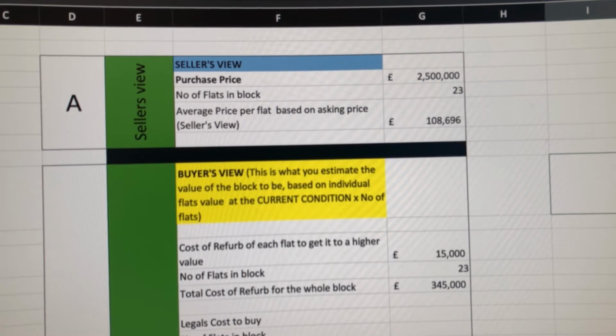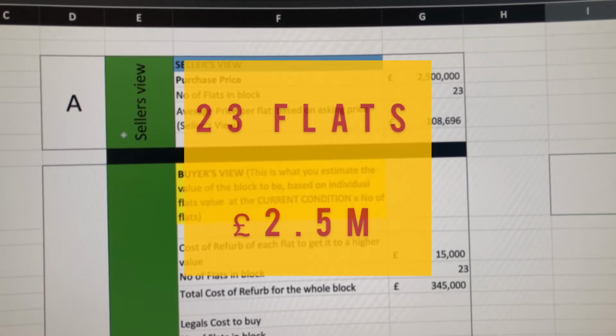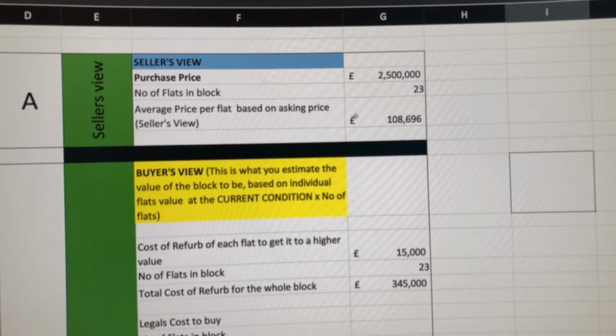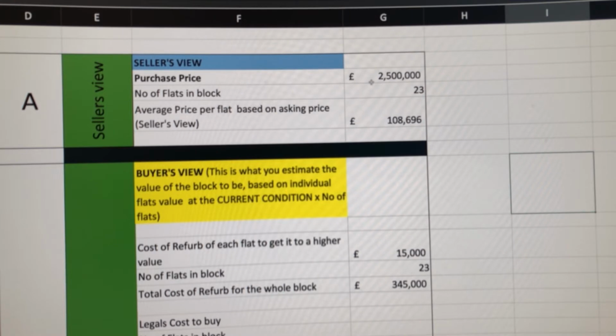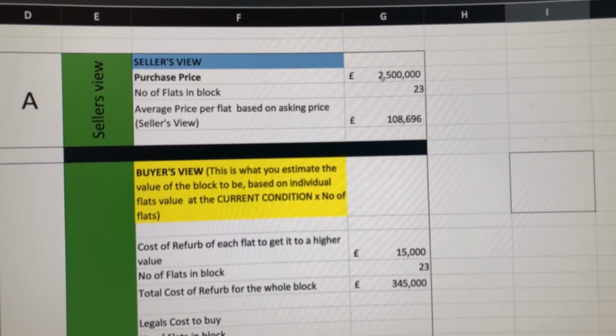So what I had to do was, first of all, I was brought this project or this opportunity to buy a block of 23 flats by an agent that I know. At that time, the seller was looking to sell this at a valuation of 2.5 million.